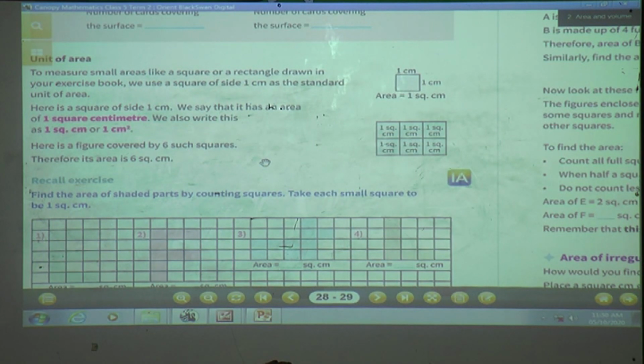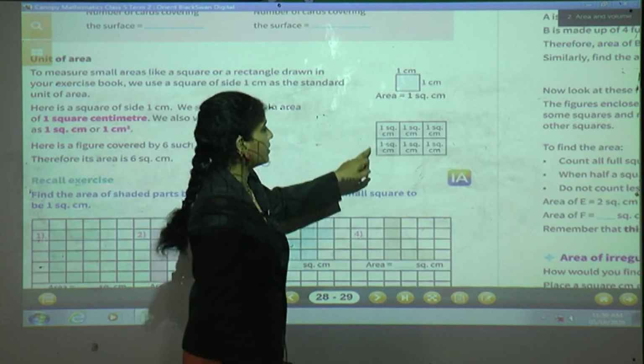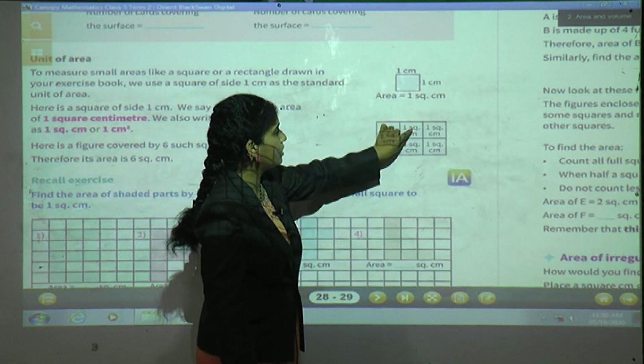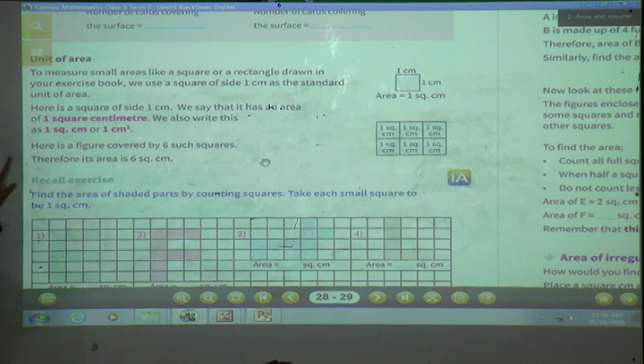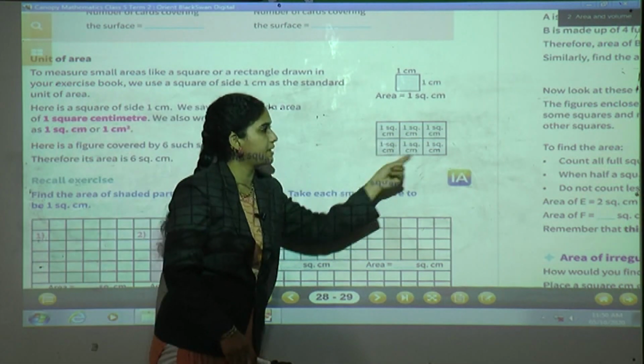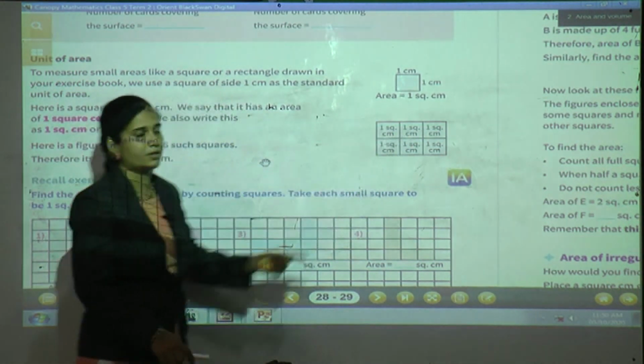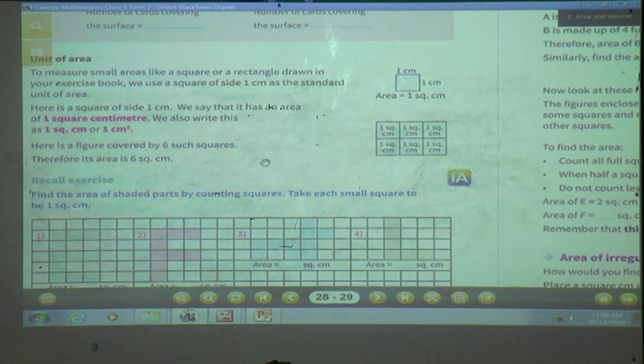Here is a figure covered by 6 squares: 1, 2, 3, 4, 5, 6. Therefore its area is 6 square centimeter. So what are the units of area?